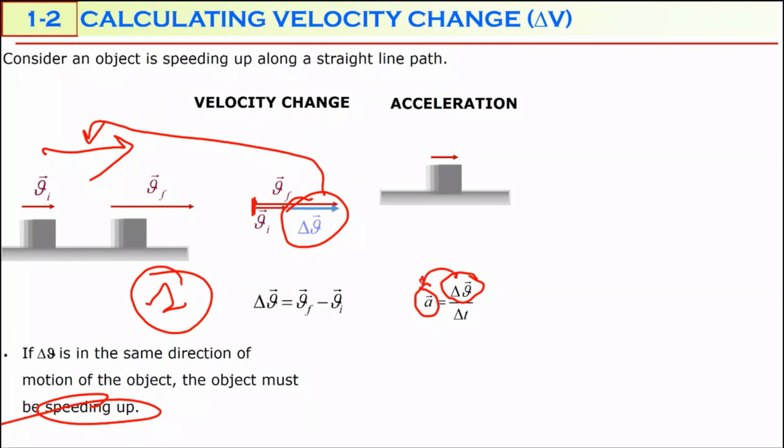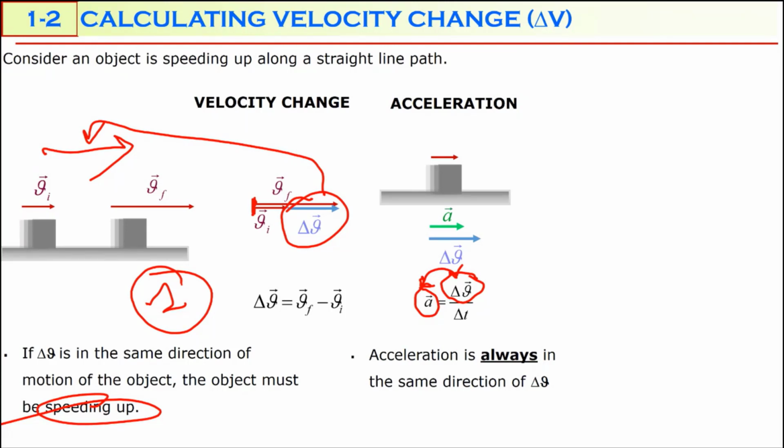Direction of delta V and acceleration are the same. If delta V is to the right, acceleration of the object also must be to the right. Acceleration is always in the same direction as delta V. Whatever the direction of delta V is, acceleration will be in the same direction.